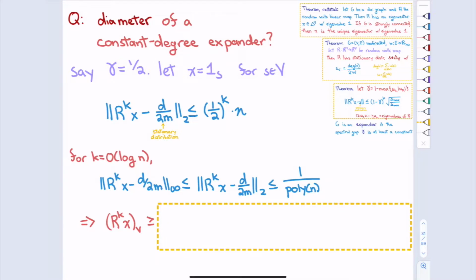I claim that this should show me that, so what does this represent? I start at S, and I take k steps. And I ask, what are the odds of being at a vertex V? I want to show it's greater than or equal to something based on that.